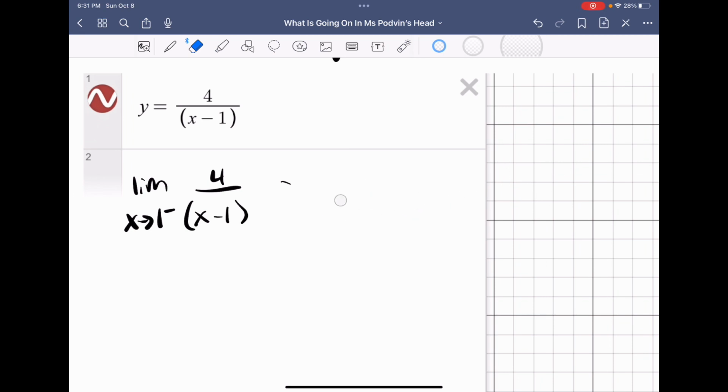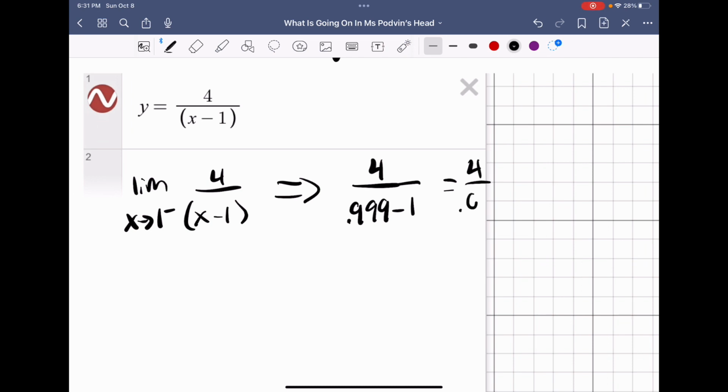So instead of plugging in 1 to our function, let's plug in 0.999 minus 1. Now, what is that going to equal? That's going to be 4 over negative 0.001.